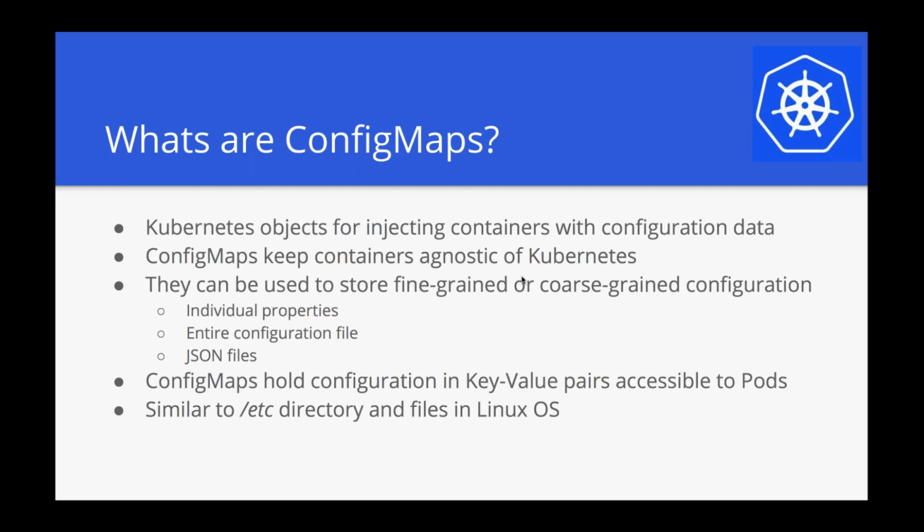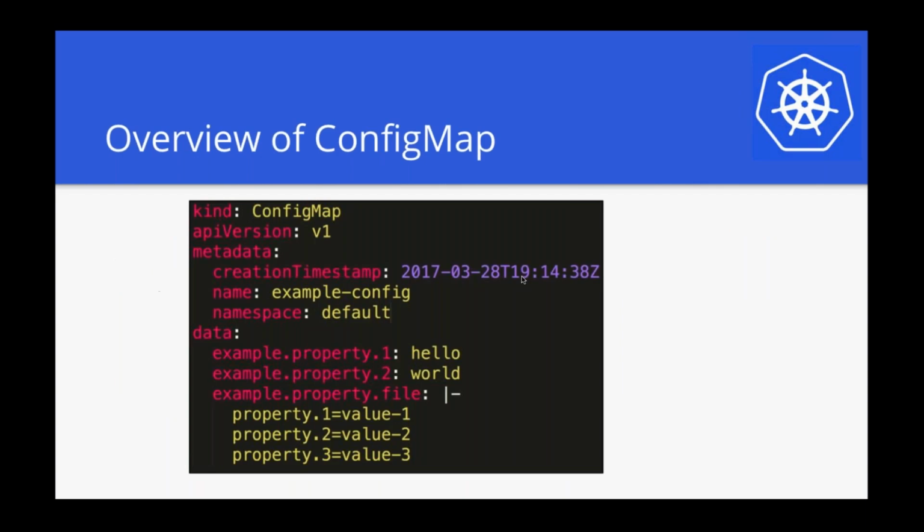These are typically exposed to the containers and pods through a dedicated volume, and that basically emulates something like a /etc directory, which contains a variety of configuration files in Linux. So we'll see a demo where we'll actually deploy a pod and then use a config map to configure that, but it emulates something very similar to /etc directory and configuration files that are within the /etc directory in Linux.